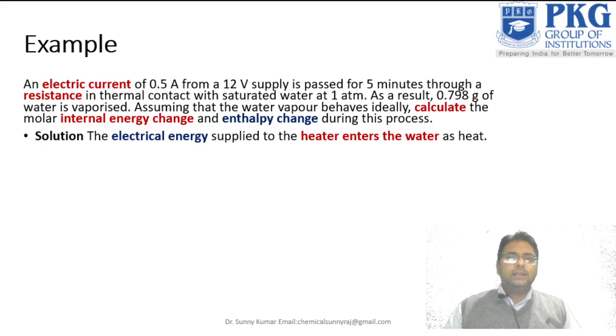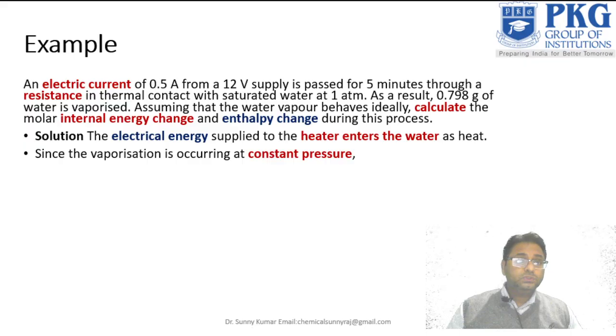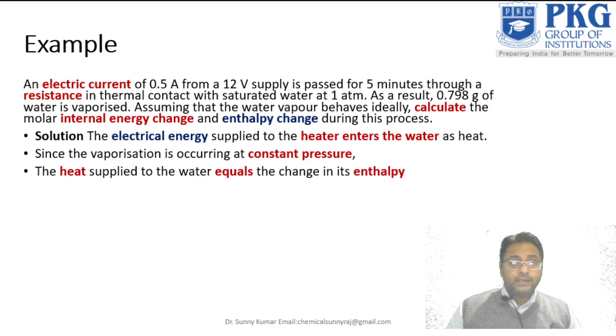The electrical energy is supplied by the heater to the water as heat. Since the vaporization is occurring at constant pressure, which is already given, the heat supplied to the water equals the change in enthalpy.